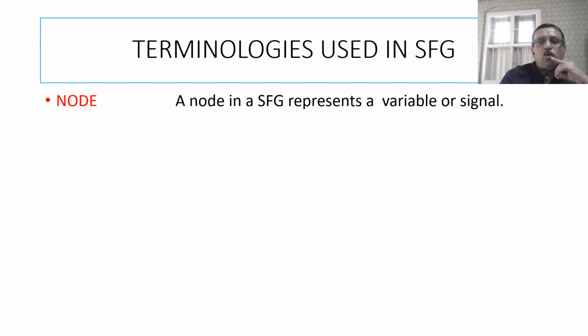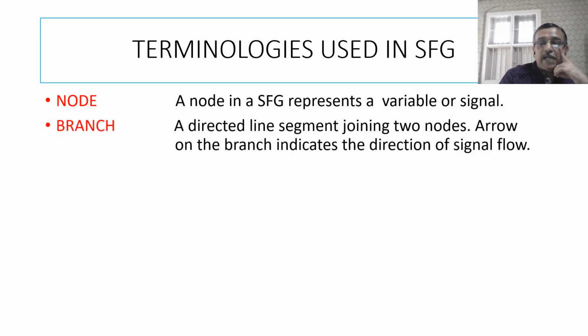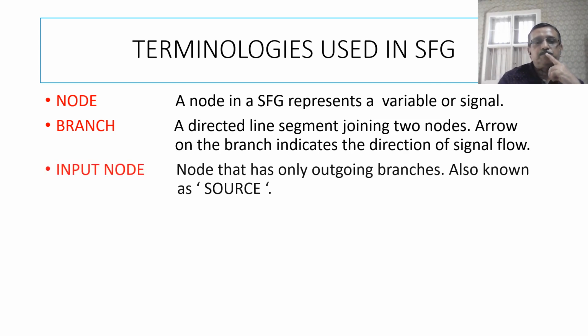You should know what a node is. A node in a signal flow graph represents a variable or a signal. A branch: you have two nodes and there is a directed line connecting the two nodes. It's called a branch. Input node: in a signal flow graph, there will be many nodes.